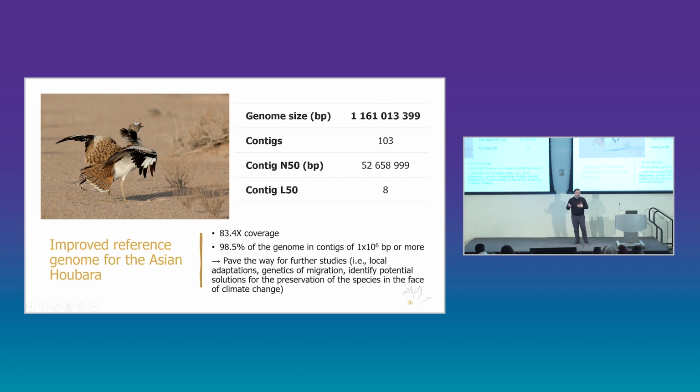And also, if we manage to identify some clues as to how the migration is driven in the species, we can see if there's any way we can help the species colonize or recolonize other areas and survive in the longer run.